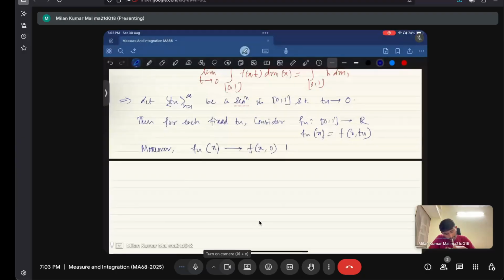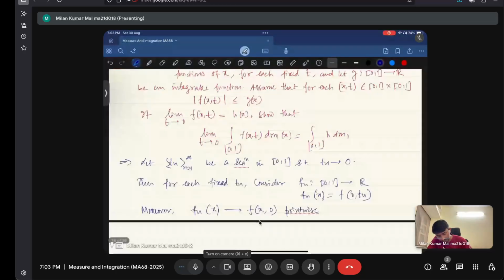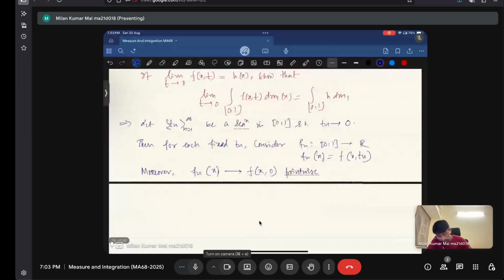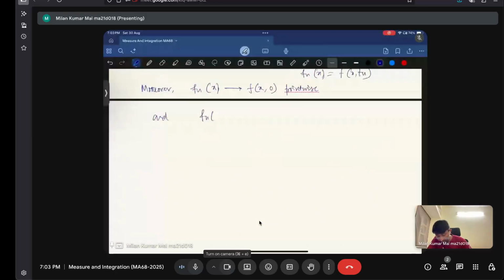And mod of fn(x) is less than or equal to g(x), where g is integrable. So we have all the weapons to use the dominated convergence theorem.